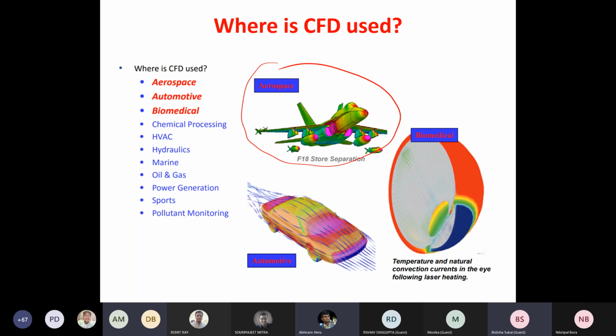Then comes the automotive industry, meaning your four-wheelers, two-wheelers, etc. Each month, all the big car manufacturing companies come up with a new design, a new model of car. Most of the good companies do proper safety analysis. What should the design be?